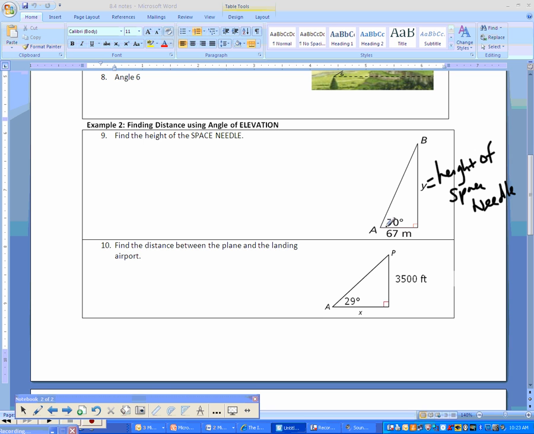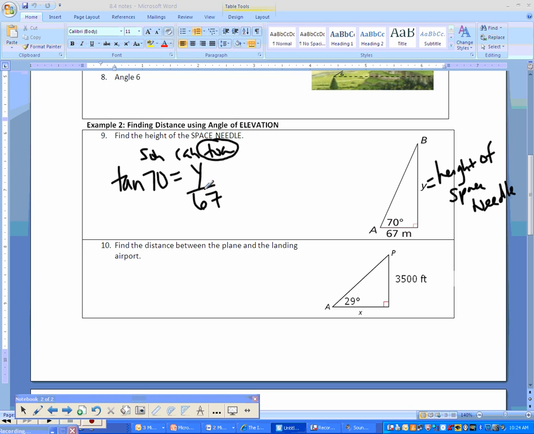Okay, so we want to figure out what this one is. We know that it's a 70 degree angle of elevation, and we're 67 meters away. So we're either going to have to use sine, cosine, or tangent. So, SOH CAH TOA. And I'll give you a hint: most of the time we're going to be using tan for these problems, but let's double check. Y is opposite the 70 degrees, and we have an adjacent side. So we are going to use tan. So tan of the angle equals opposite over adjacent.